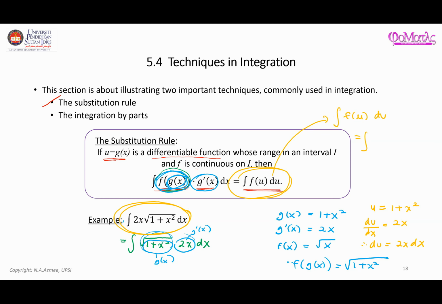We have this function, and you substitute that with u. So this will be the square root of u, and du is just 2x dx. So you get to replace 2x dx here with du, and you replace this one with just the square root of u.